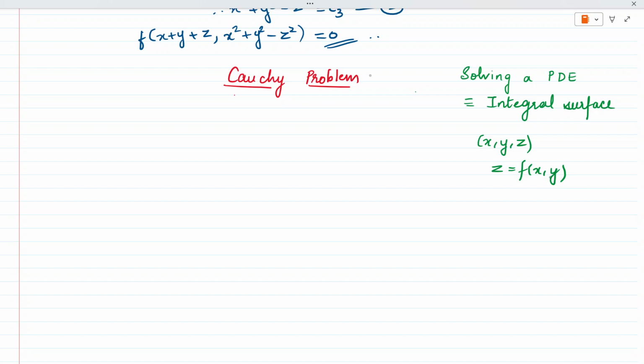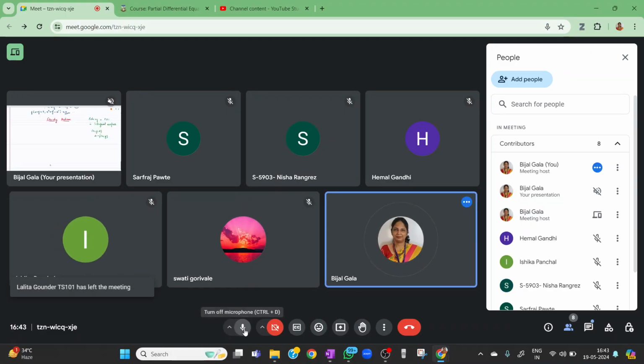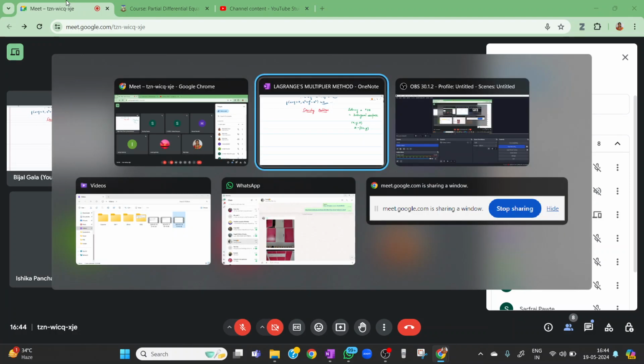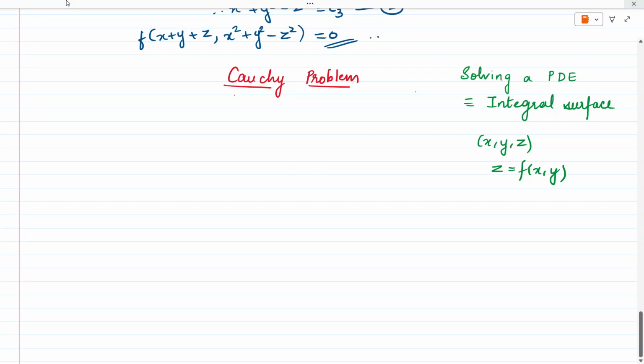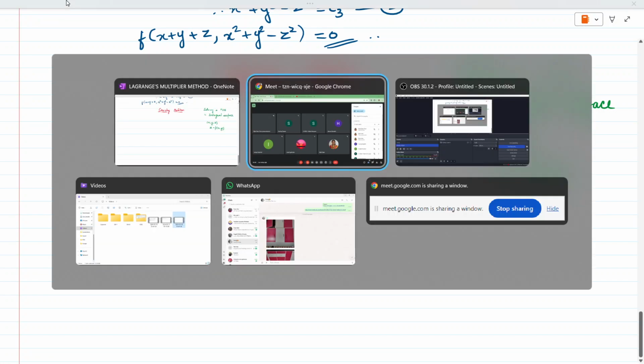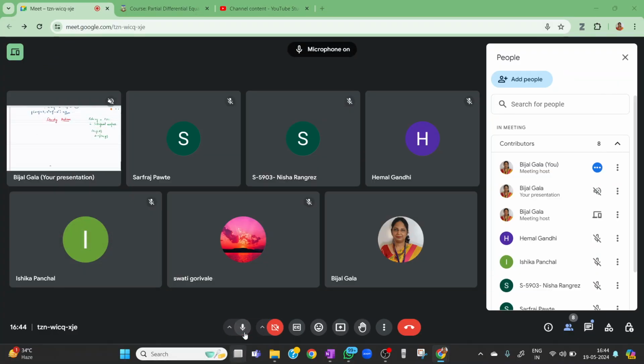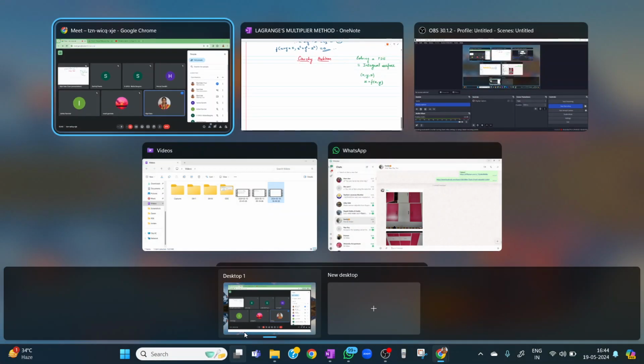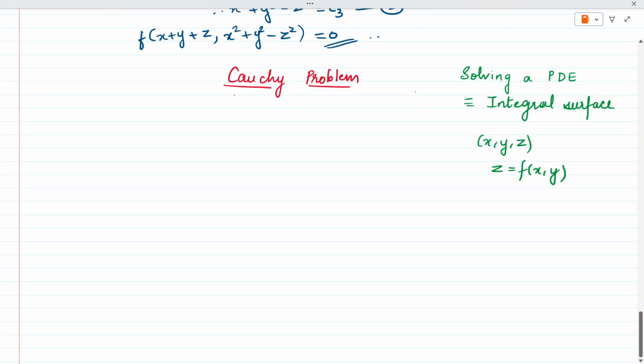So you're working in 3 dimensions here. Getting back here, what we get is a solution as an integral surface.